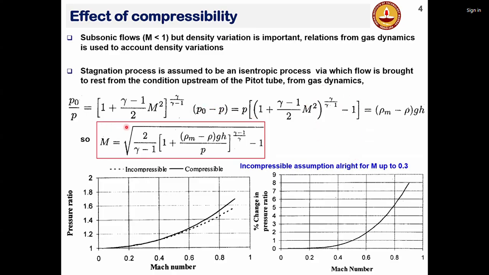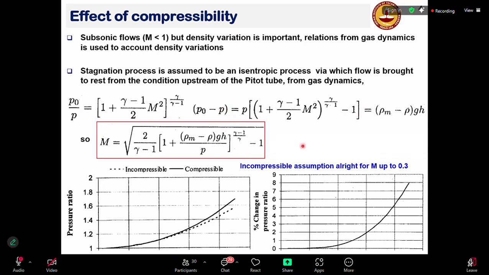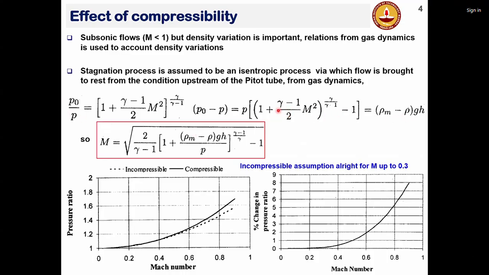So this pressure difference should appear in the manometer measurement, which should be equal to (rho m minus rho) into g h.